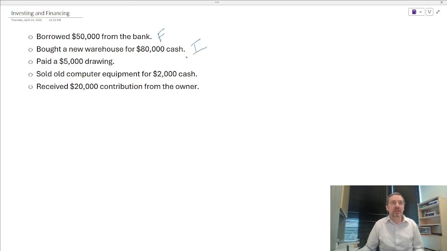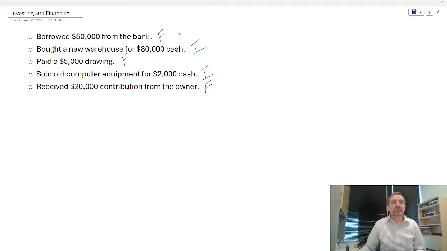We're investing in ourselves. The drawing is a financing activity. It deals with a transaction with the owner. Sold old computer equipment. That's an investing activity. And received $20,000 from the owner. That's a financing activity.